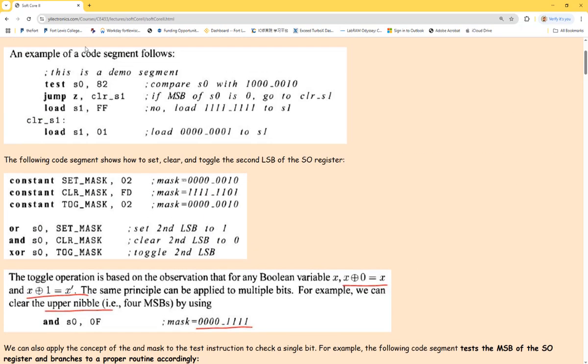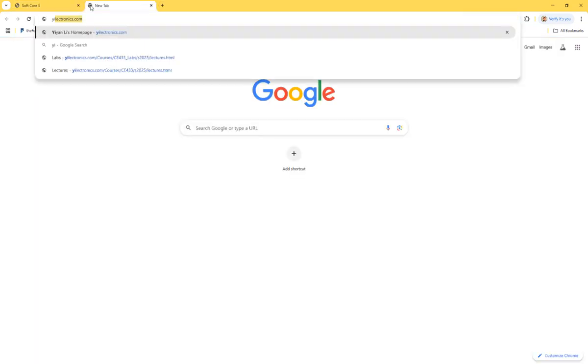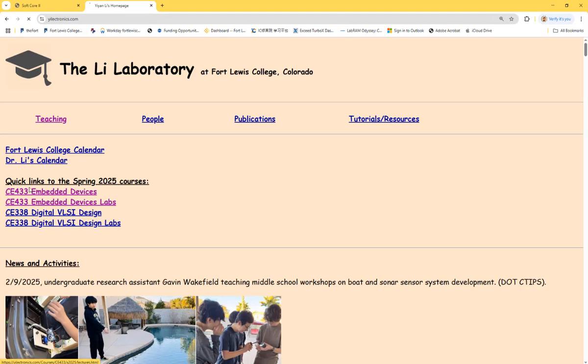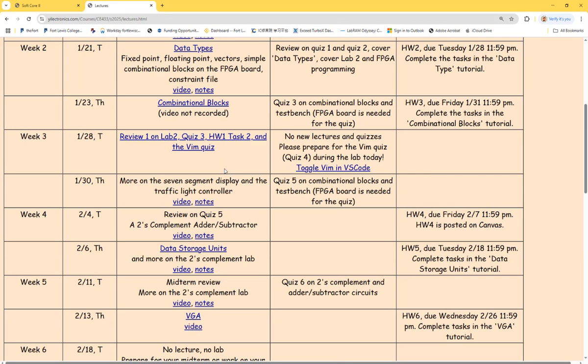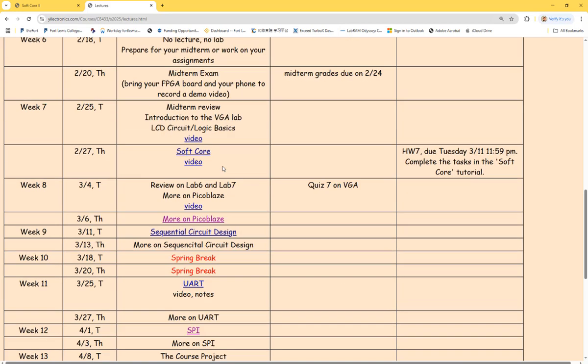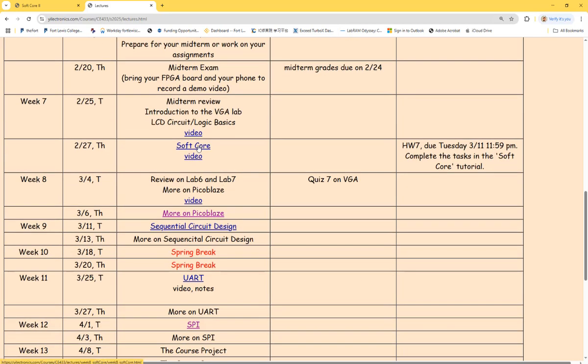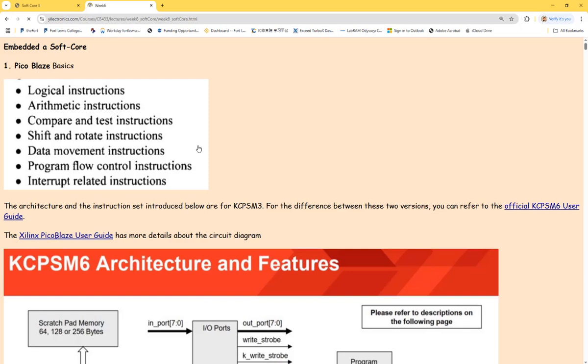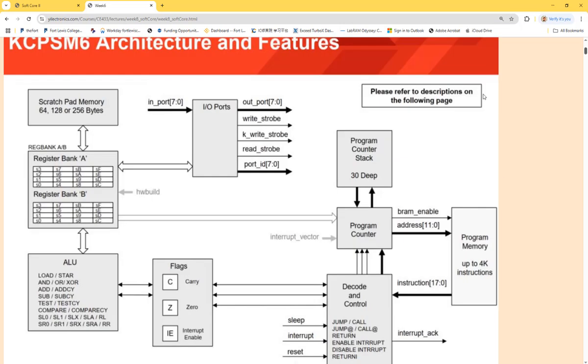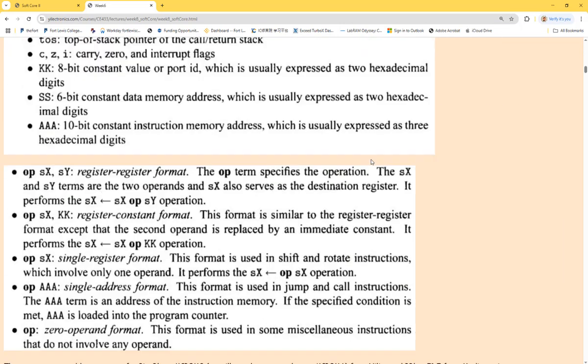You don't see why not? Yes. So you can just go to the reference. It's either in Peng Chu's textbook or in this soft core tutorial, where you can find that load instruction.